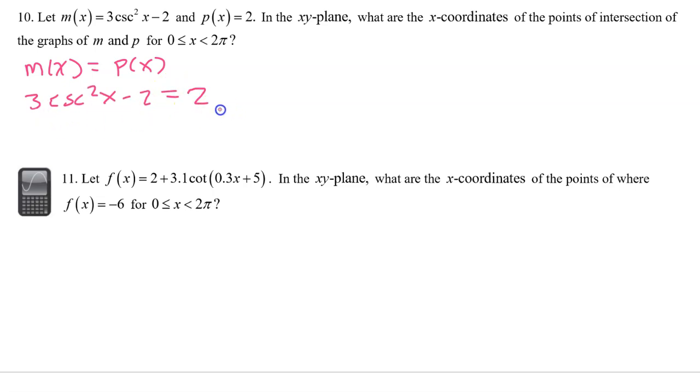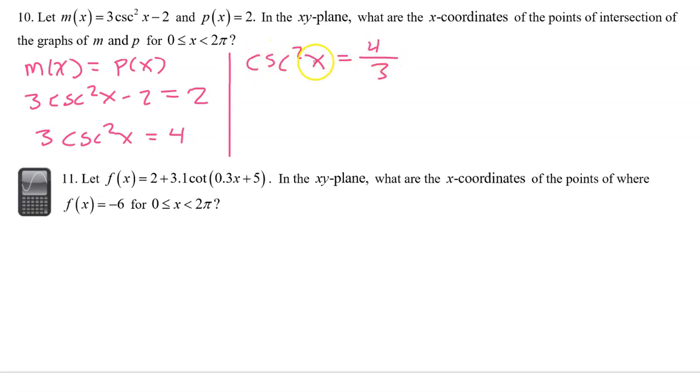Adding 2 to both sides, we get 3 cosecant squared x is equal to 4. Dividing both sides by 3, we get cosecant squared x is equal to 4 over 3. We can get rid of the squared part by taking the square root of both sides of this equation.